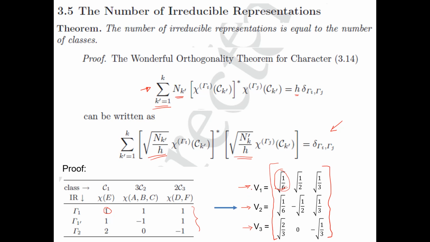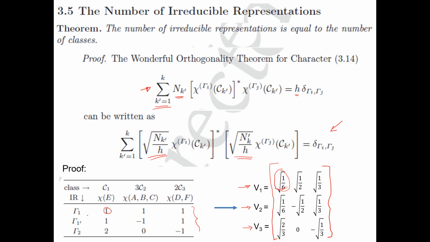The number of vectors that you can have in a space of dimension 3 that are orthogonal to each other is 3. So it's a very simple result of linear algebra that if you have a space of dimensionality 3 and the number of columns is 3, then the number of rows must also be 3.